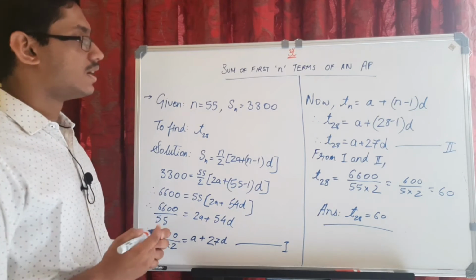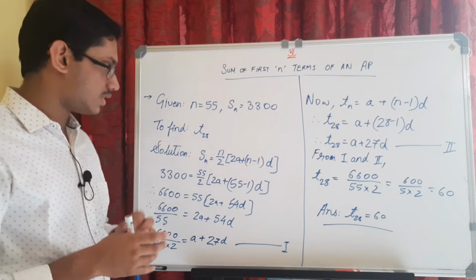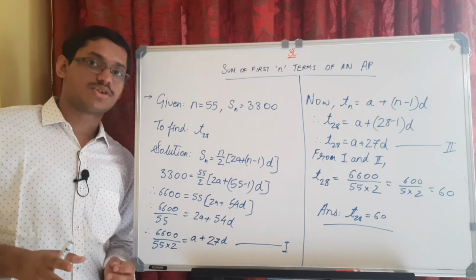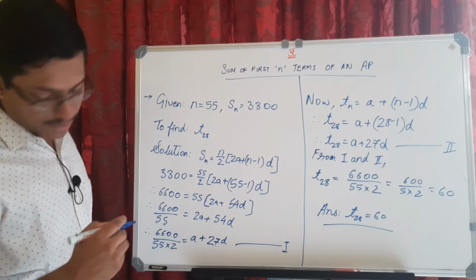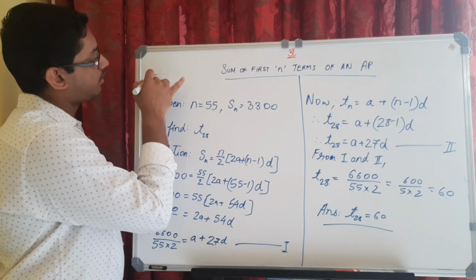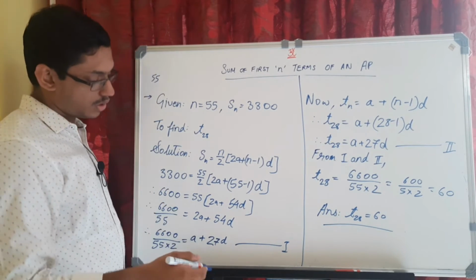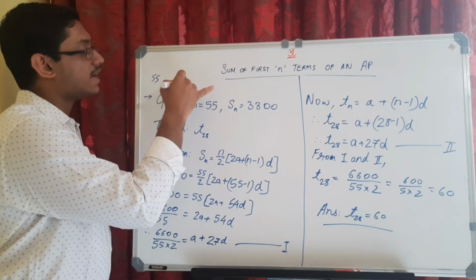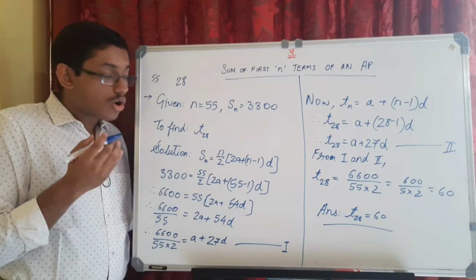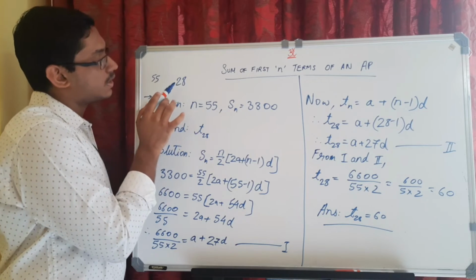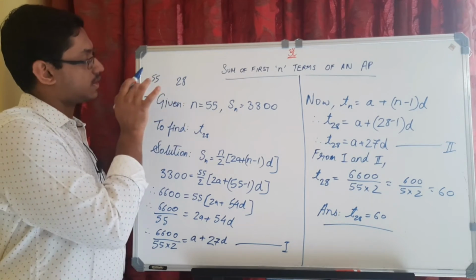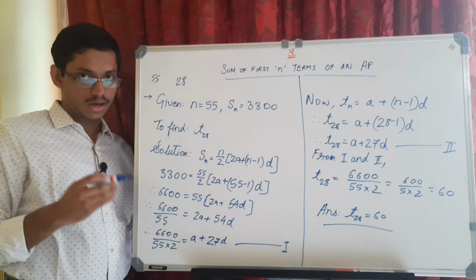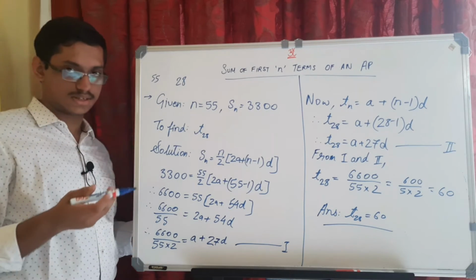Okay. So see how to identify such questions where you have to use this trick. Now what is given? 55 terms are given. And what we have to find? The 28th term. Always notice if what we have to find, the 28th term, is a multiple or a half of 55 or 56.